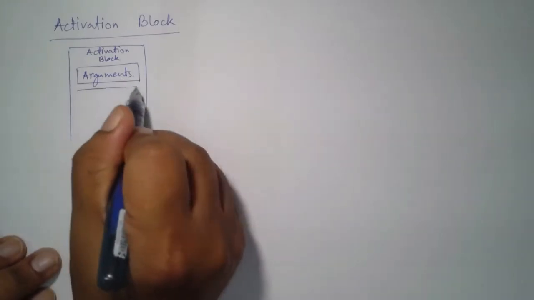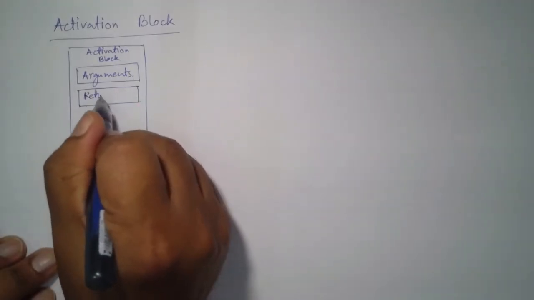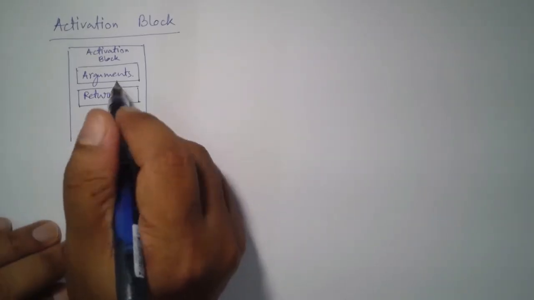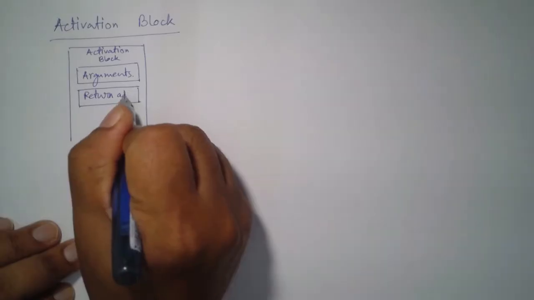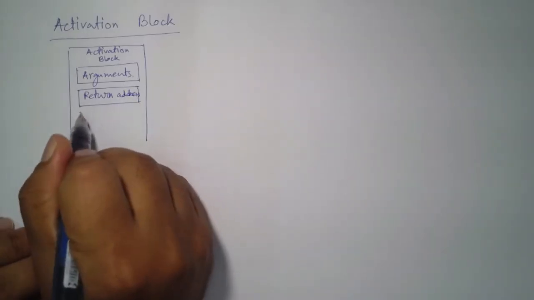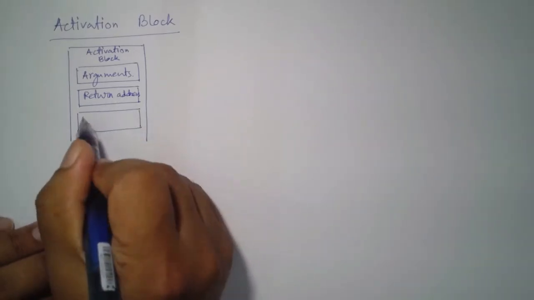Then we also need some dedicated space for the return address, depending on whether there is a recursive possibility, etc. Then there is the register spill area, where you will be saving your registers.